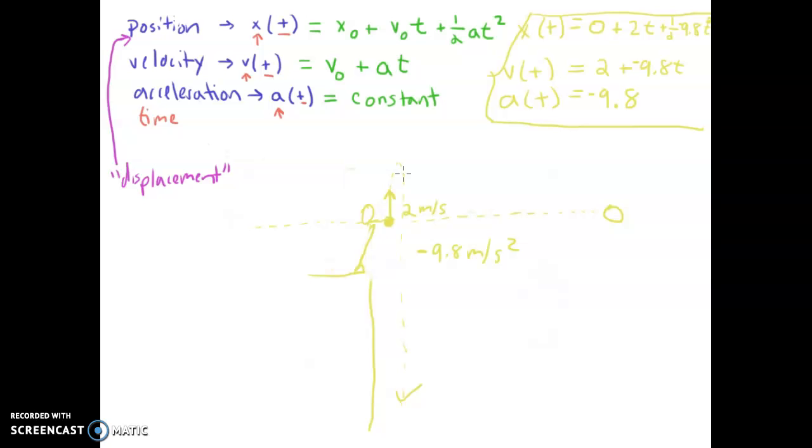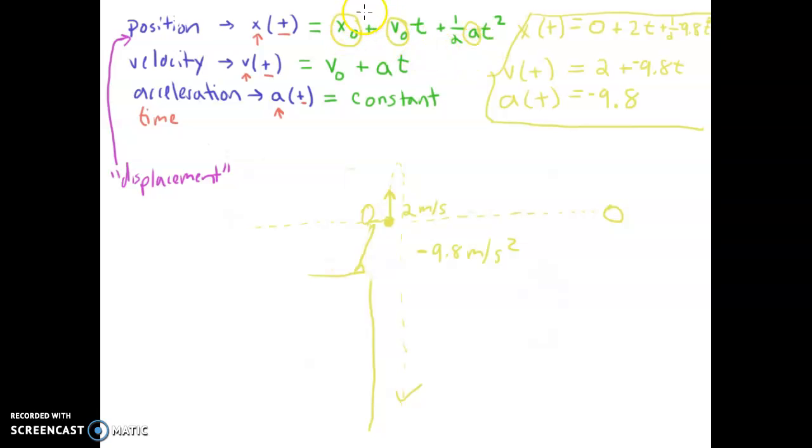So the final thing to say about this is, how do we actually go about creating these equations of motion? The things you're going to need to fill in if you're trying to get position as a function of time are x naught, v naught, and a. Once you have your x naught, your v naught, and your a, you just put them in.